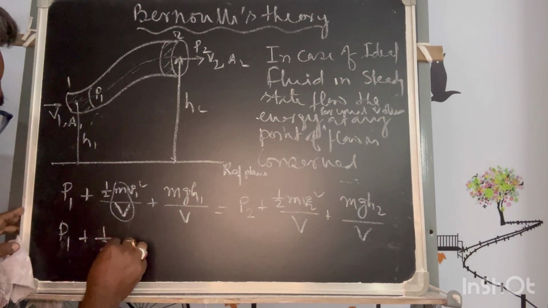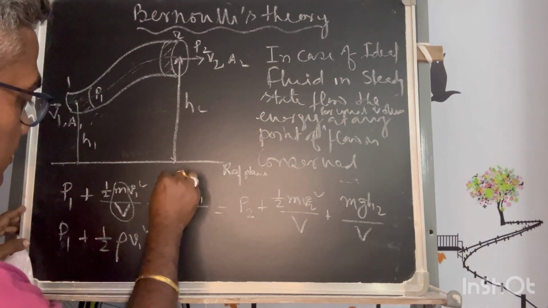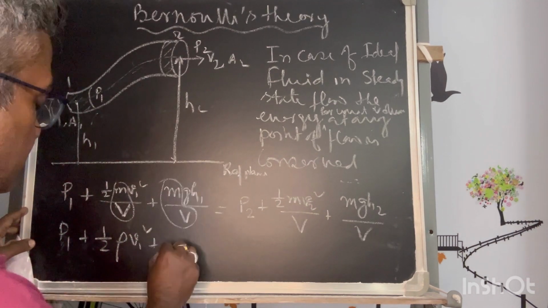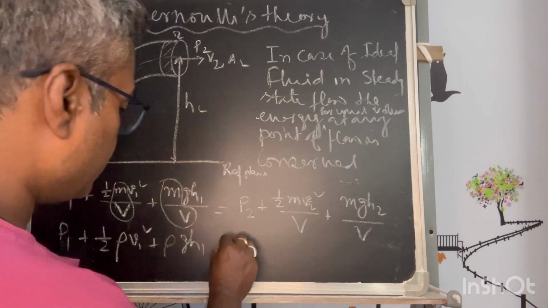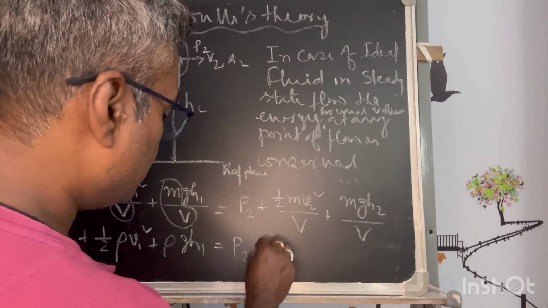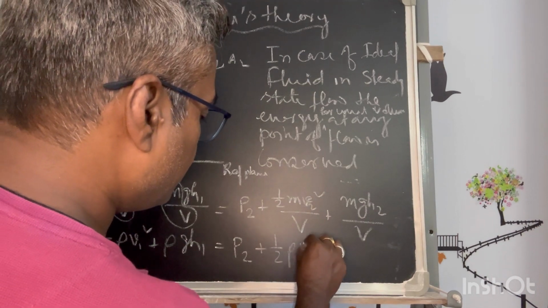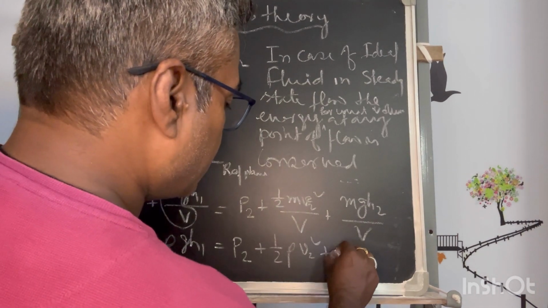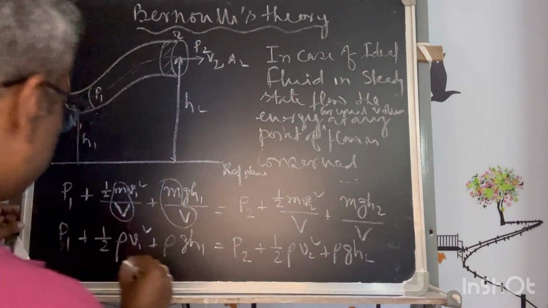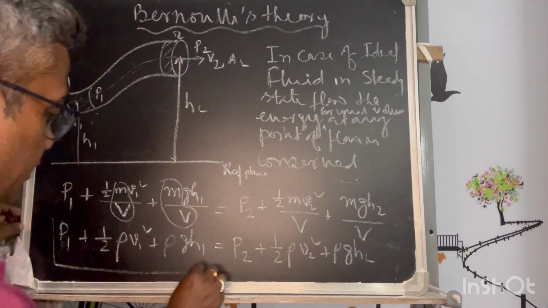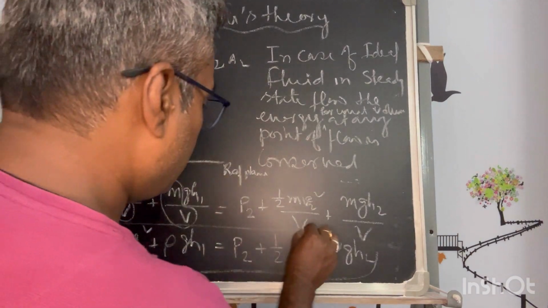So P1 plus half rho v1 square plus rho g h1 is equal to P2 plus half rho v2 square plus rho g h2. This is your equation of energy conservation according to Bernoulli's theorem.